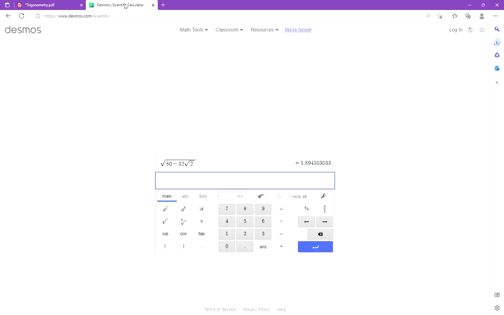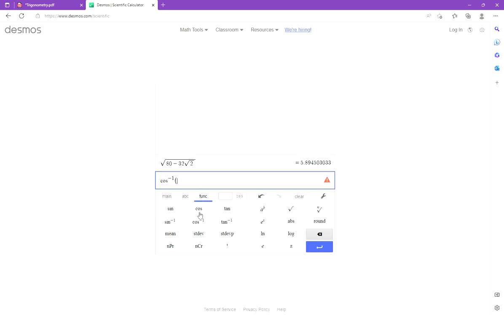Cosine inverse, remember, that's in the function menu, and then I need a fraction bar, and then I need to type all that stuff in. 11.5 squared minus 12 squared minus 15 squared all over negative 2 times 12 times 15. There we go. And then to one decimal, we would have 48.9 degrees.